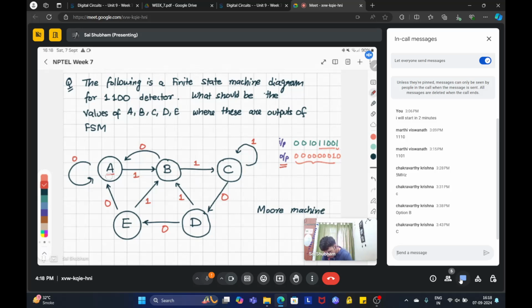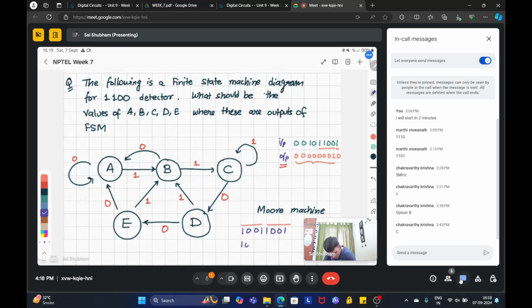Finite state machines are also standard interview questions. Any digital electronics company you go to will ask you to make an FSM, and the question will be like, make an FSM for, suppose, a 1100 detector or a 1001 detector. In 1001, there are two cases. One is this 1001 pattern, 1001, 1001.